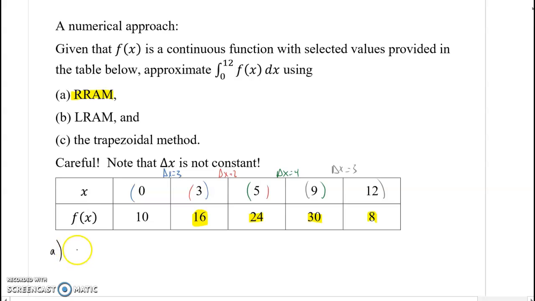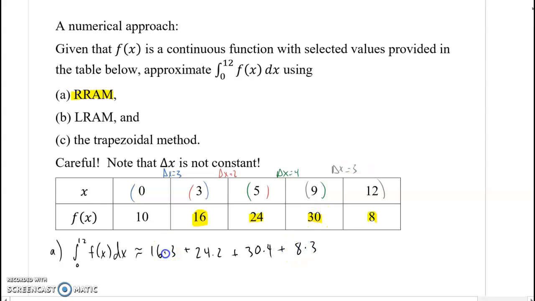We're going to have the integral from 0 to 12 of f of x dx is approximately equal to 16 times 3 plus 24 times 2 plus 30 times 4 plus 8 times 3.